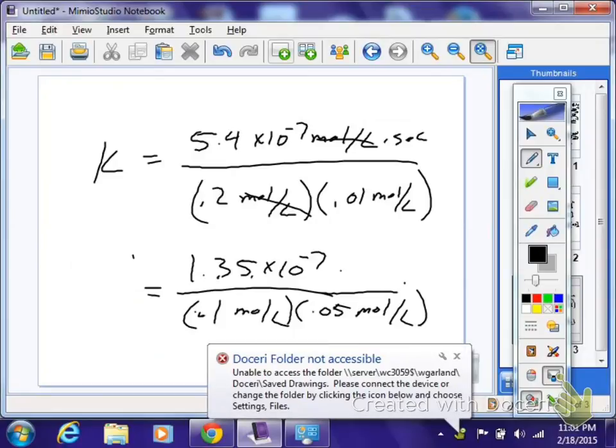And we come up with the same constant. Okay? It'd be the same constant. So that would be one example when you're looking at orders.